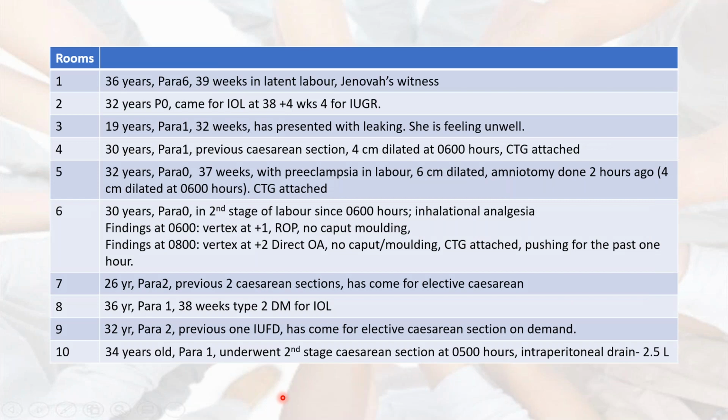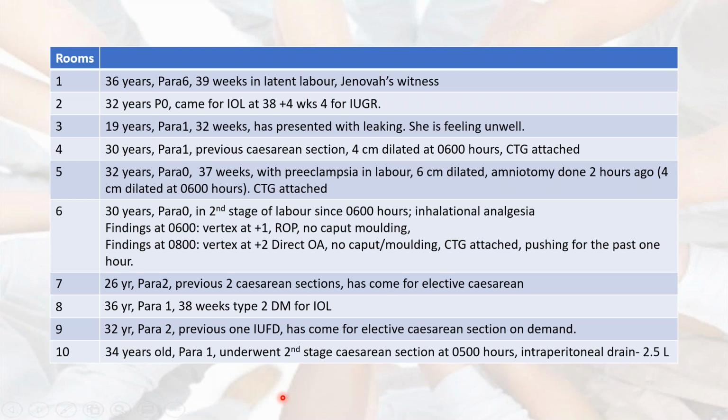So room number 7. There is a previous history of 2 cesarean sections, and she came for an elective cesarean section. So this is a routine case now, but we have to be aware that her ultrasonography will show the placental position. In her antenatal period, is there any concern about the placental position?